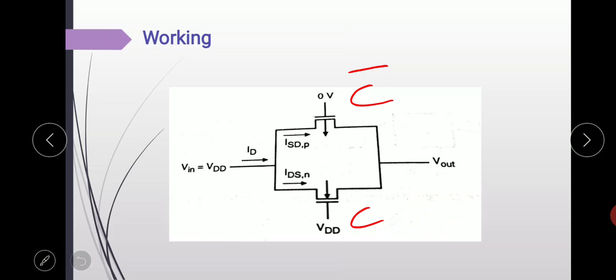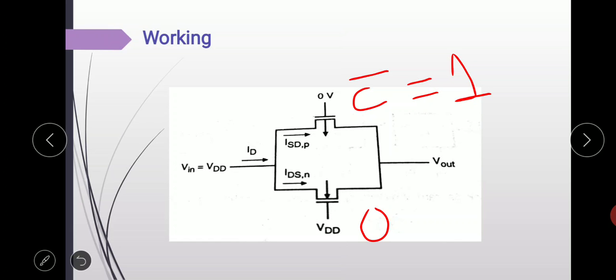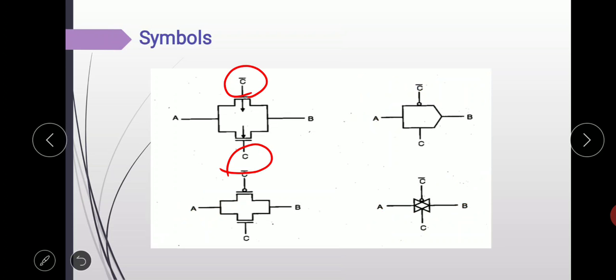Then when logic low level is applied, meaning 0 is applied to C, C complement equals 1 at the PMOS. So both transistors will be off and the path between the nodes A and B, this one A and this one B, will be an open circuit. Here you can see A, B and C, C bar.